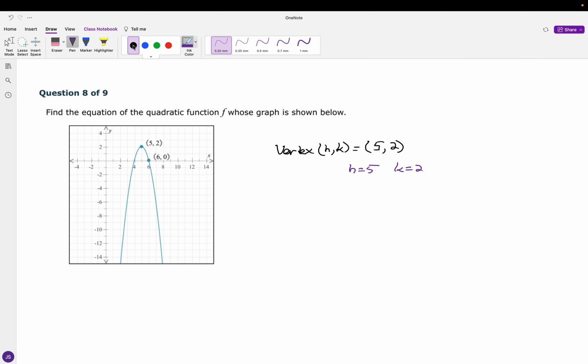And for the vertex form, we have y is equal to f of x, which is a times all of x minus h squared plus k.